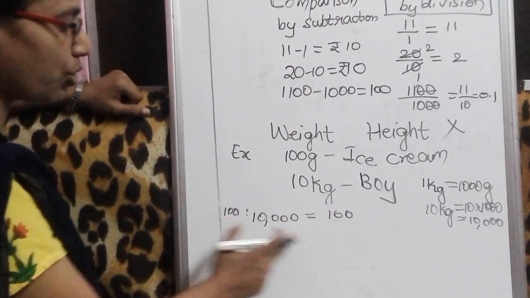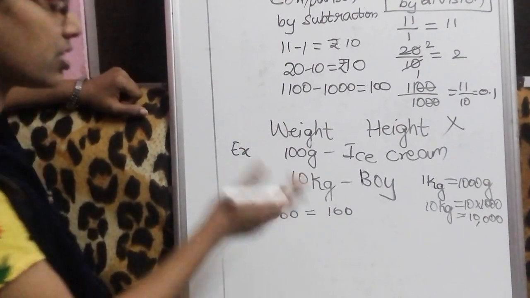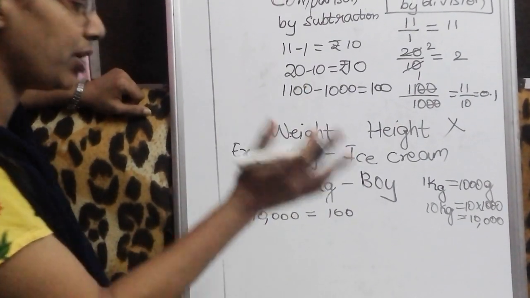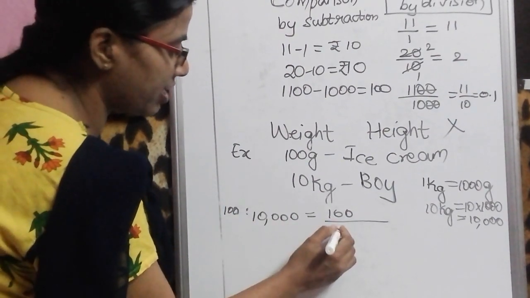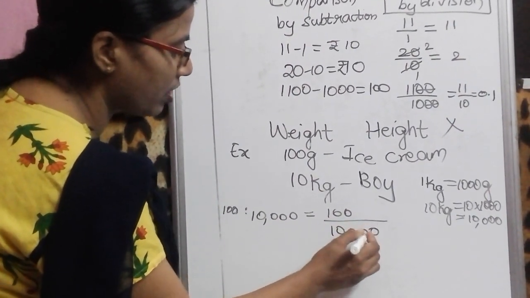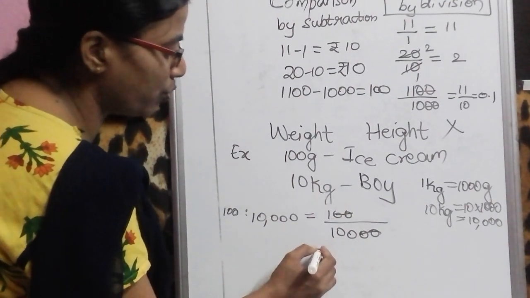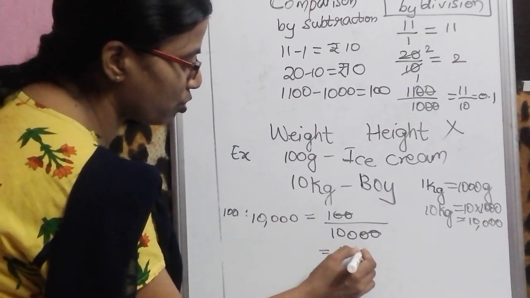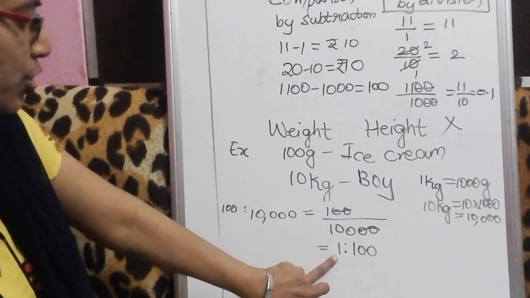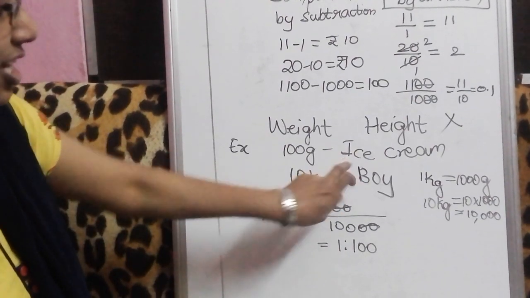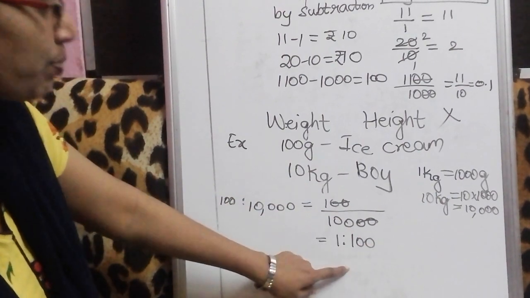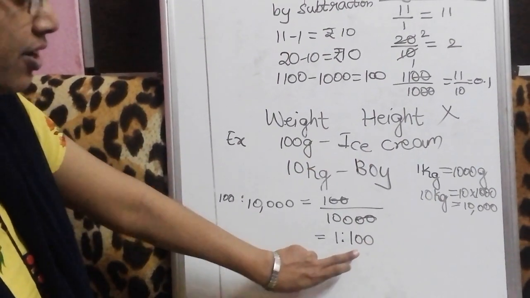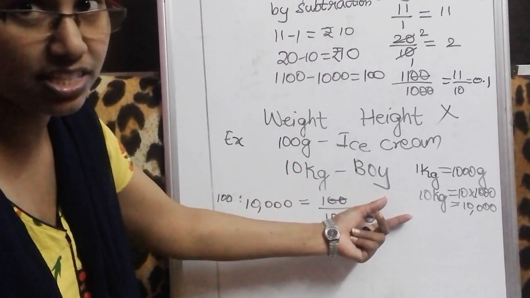Every ratio can be written as a fraction. So if you cancel these, you get the ratio as 1 is to 100. What is 1? The weight of the ice cream is 1 and the weight of the boy is 100 times more than the ice cream.